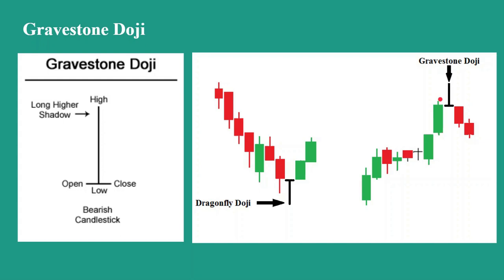So now the Gravestone doji appears: the market opens, rises to a much higher price, then falls to the low of the session and closes here. For the moment, at least, the bears have won control. If the next candle falls to the downside, the signal is completed, as you can see here.